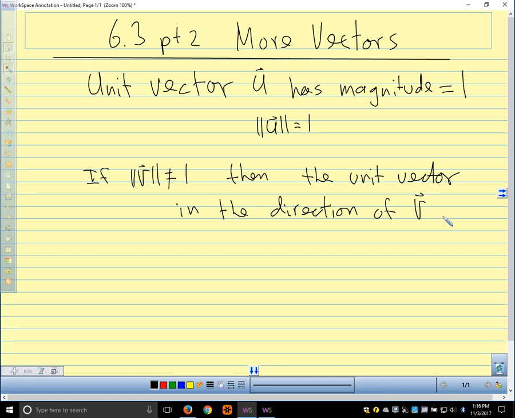Just like if we divide 5 by 5, we get 1. So we're going to divide the vector by its magnitude. The way we write that is 1 over the magnitude of v times v, or the way I usually write it is v over the magnitude of v. So we're just dividing away its magnitude.